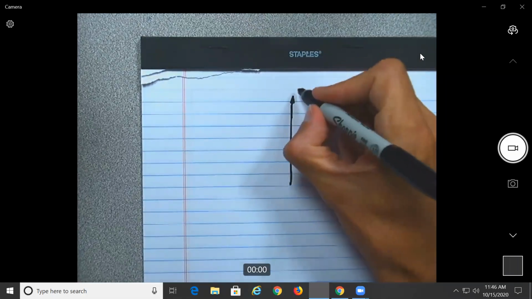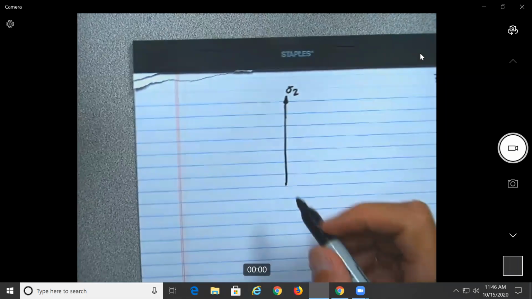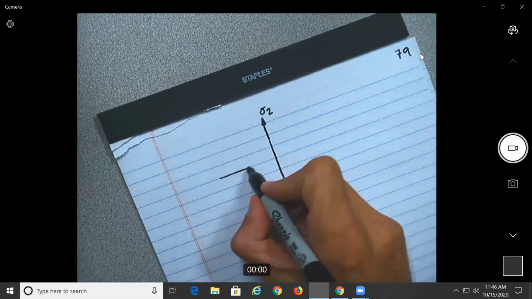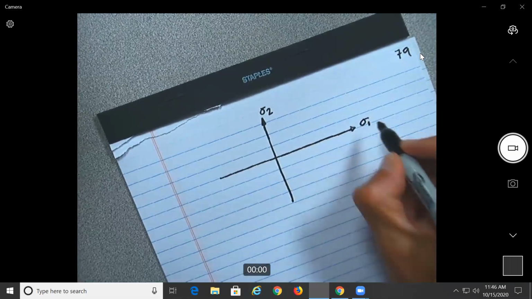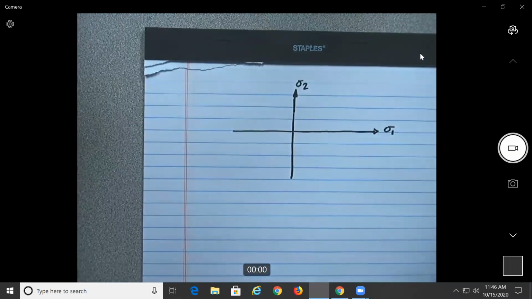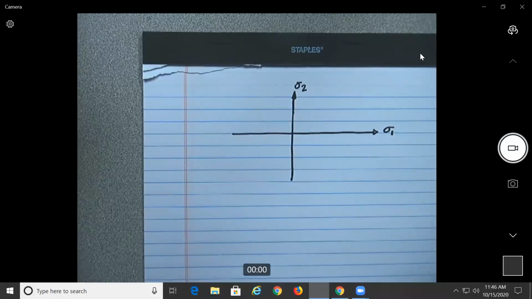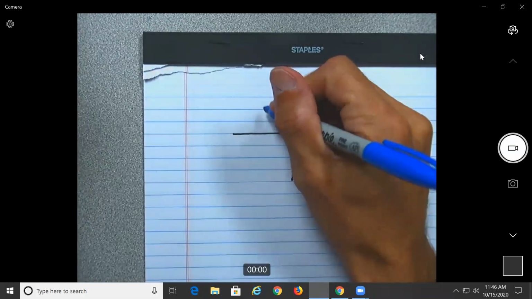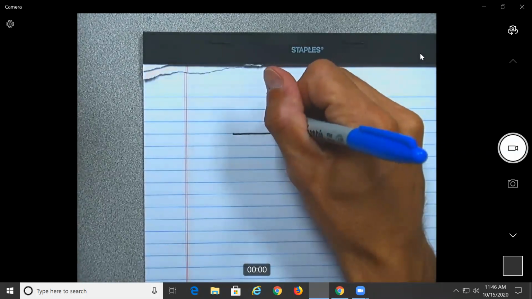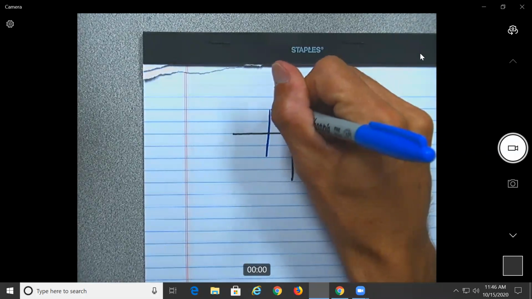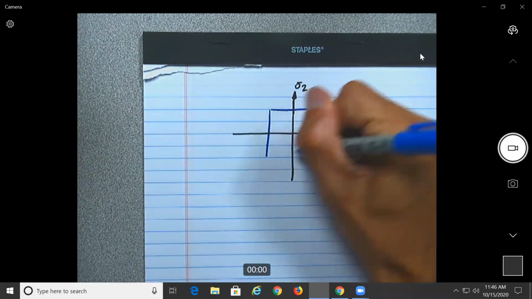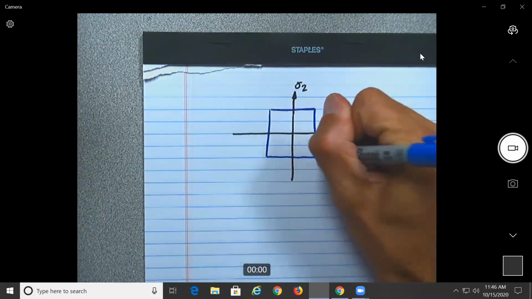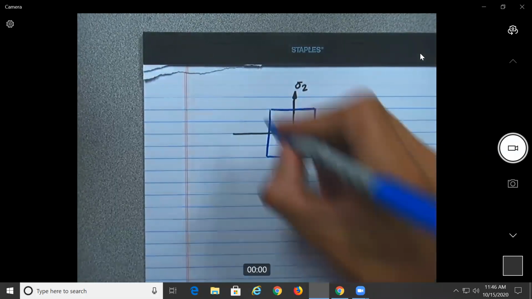So in 2D, we're just going to look at the sigma 2 and the sigma 1. Okay? So let's see how I'm going to do this. So if you do the principal stresses, this is basically what you're doing.